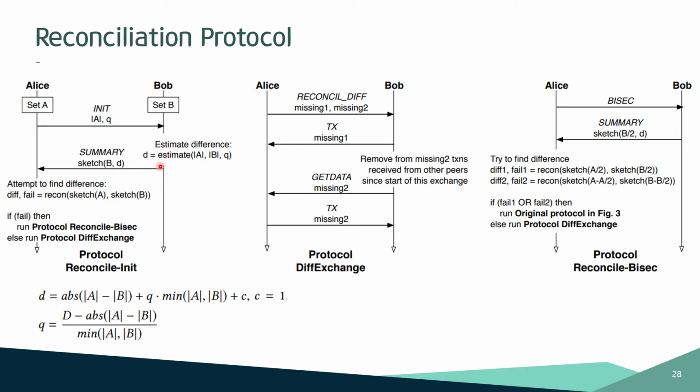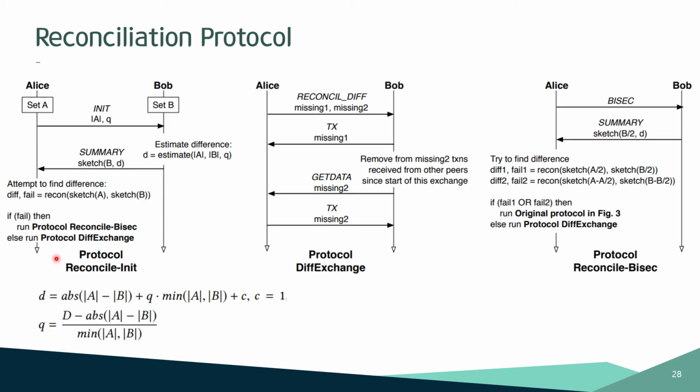And Bob sends this value, and Alice then finds the difference between the sets with A and B using the sketch she received, and then sends Bob the missing 1 and missing 2 via the protocol diff exchange.